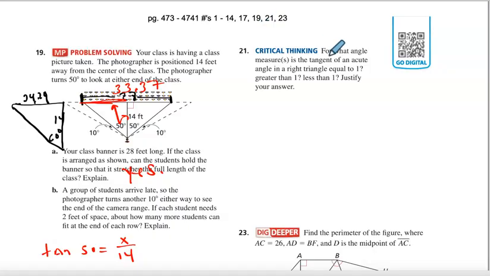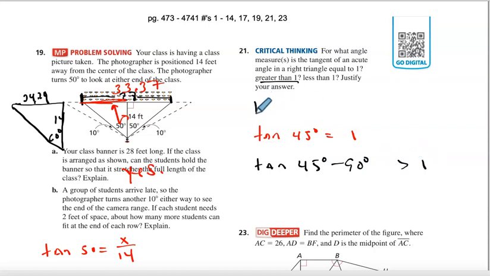For what angle measures is the tangent of an acute angle equal to 1? Oh, so we saw that before. So tangent of 45 degrees is equal to 1. Greater than 1 is anything from tangent of 45 degrees to 90 degrees. And the tangent of 0 degrees to 45 degrees is going to be less than 1.